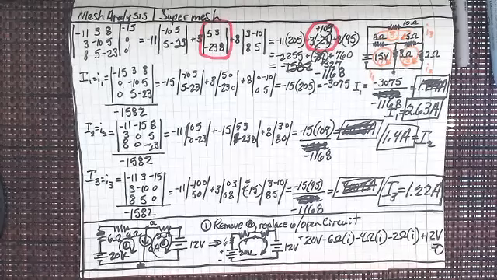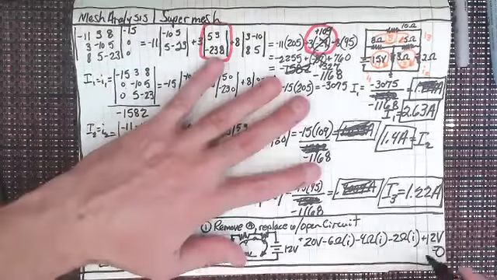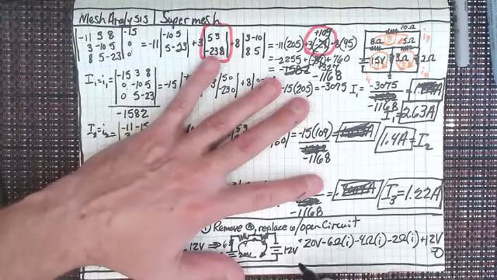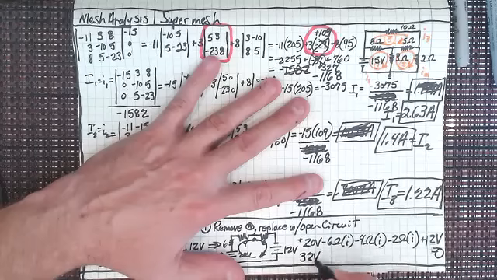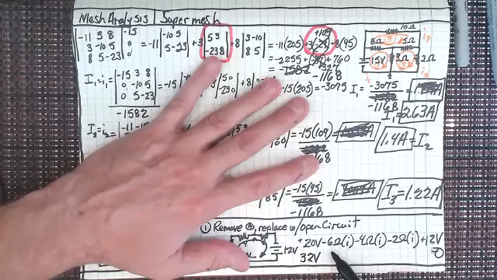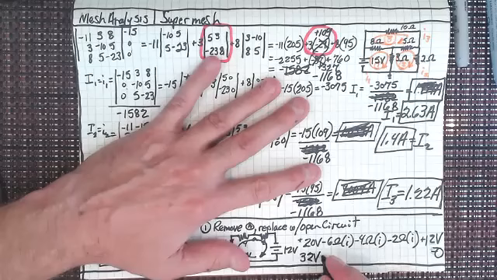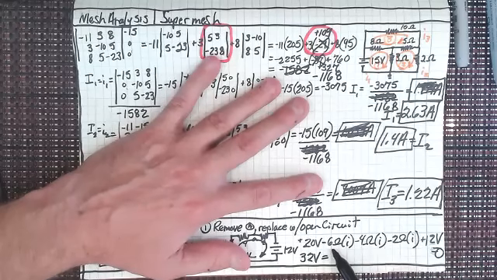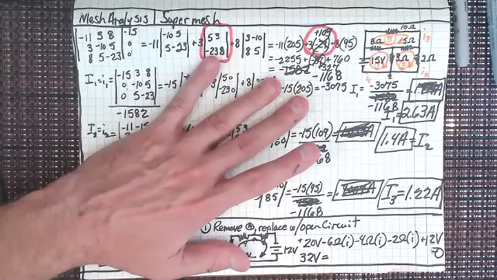Can we add or subtract anything else? Sure. How about 20 plus 12? Doesn't that give me 32 volts? So 32 volts equals minus 6, minus 4, minus 2, that equals minus 12.